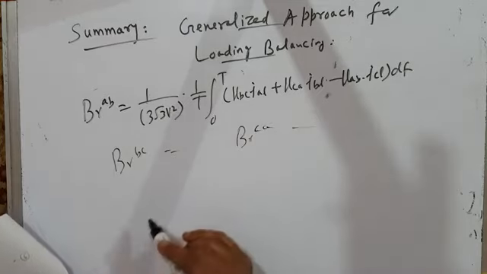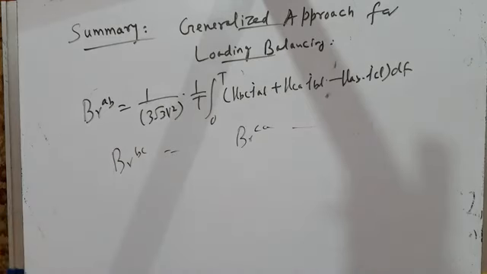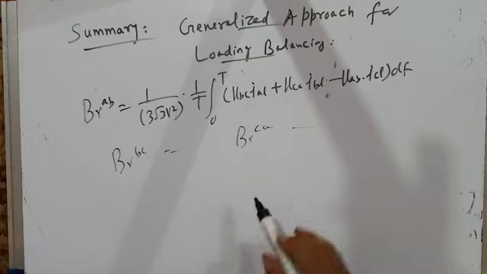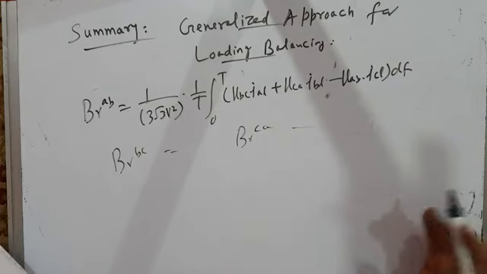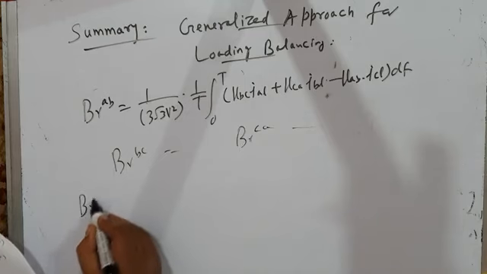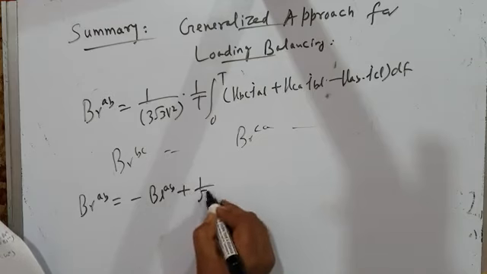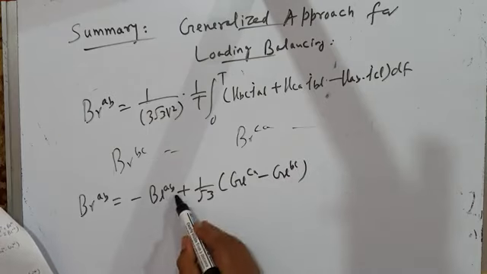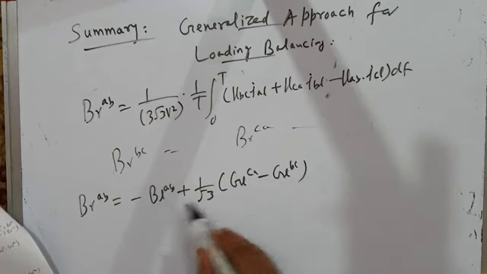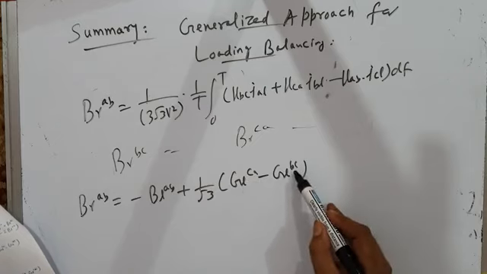And then in the last lecture, I mean the lecture before today's lecture, we tried to get mathematical equations for compensator susceptances in terms of load parameters, load susceptances and load conductances. And we got these equations: B gamma AB equal to minus BL AB plus 1 by root 3 times GLCA minus GLBC, where BLAB is branch AB susceptance, GLCA is branch CA conductance, and GLBC is branch BC conductance.